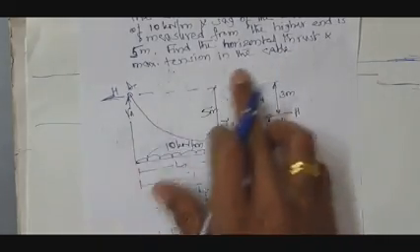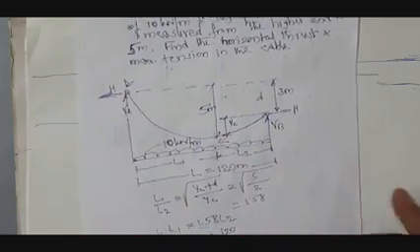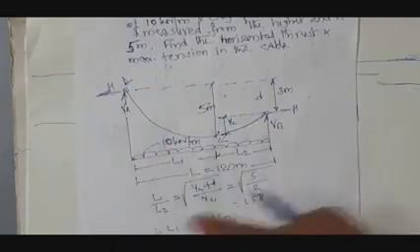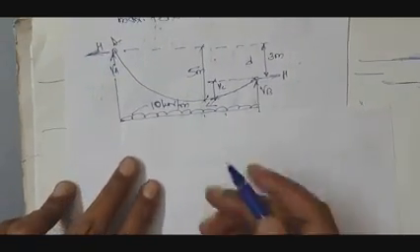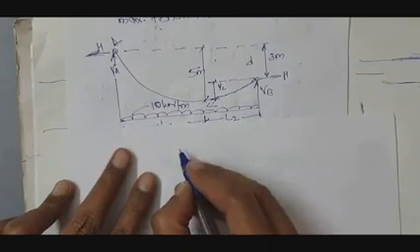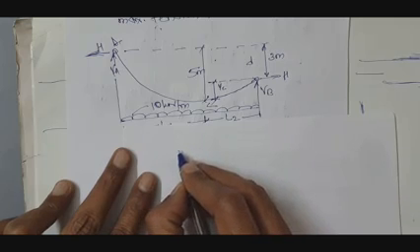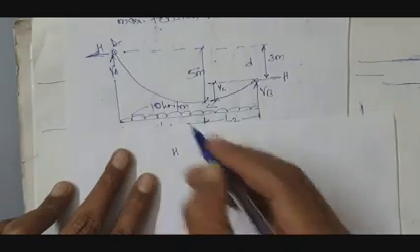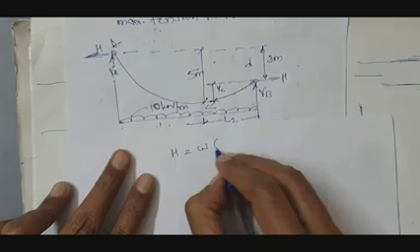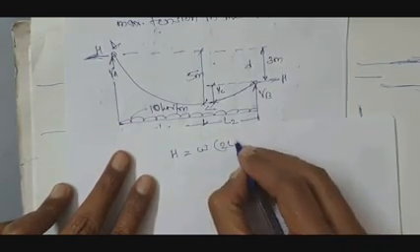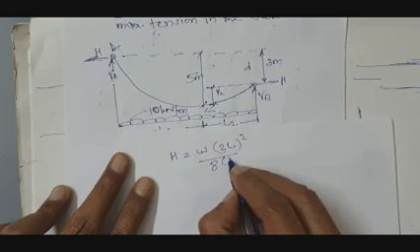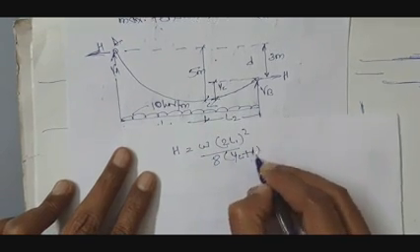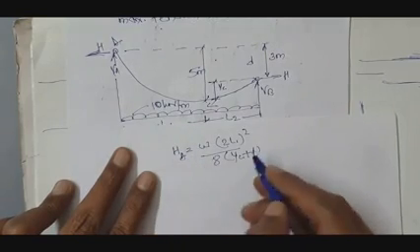Once we get L1 and L2, we can calculate VA and H. What he has asked is to find the horizontal thrust and tension. After getting VA and H, you can get the maximum tension. So how to calculate this? Look at this now. Taking sigma MB equals 0, first let me calculate H. You know that W into L square, that is now 2L1 square divided by 8, over YC plus D, the dip of the cable with respect to A, because HA you are calculating.